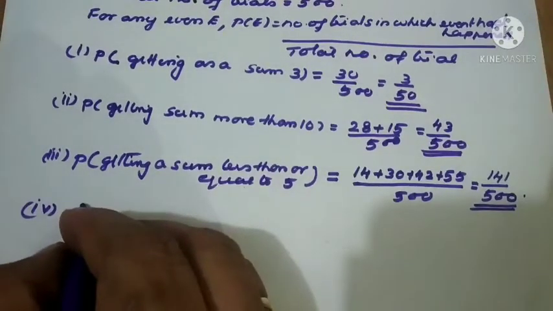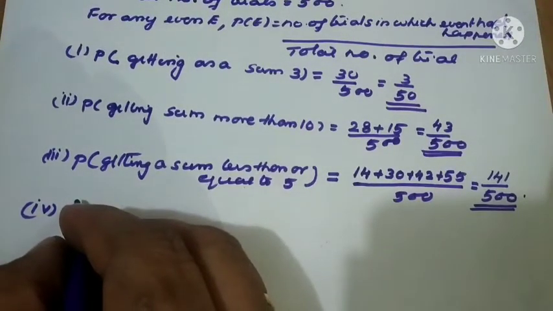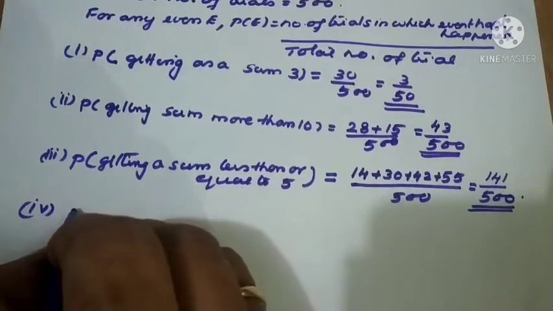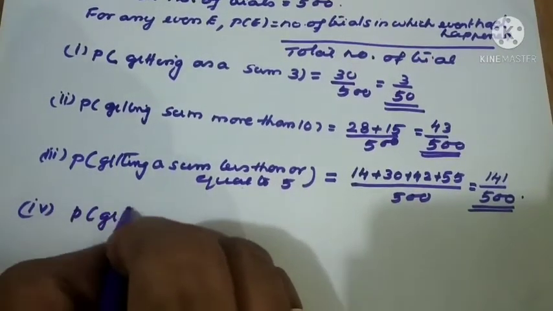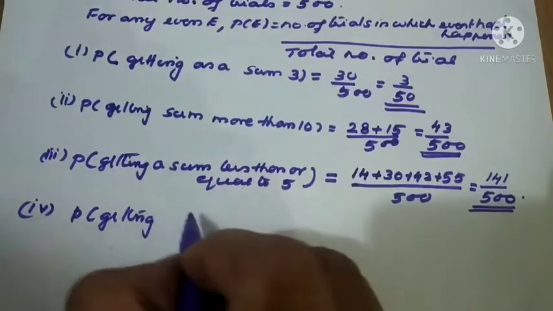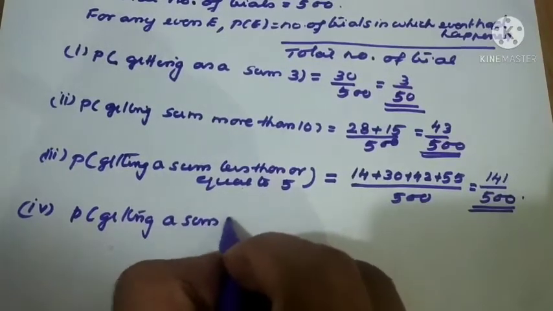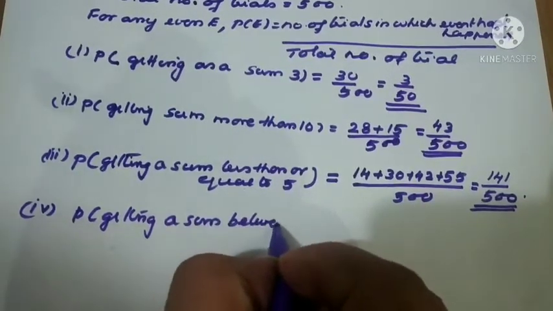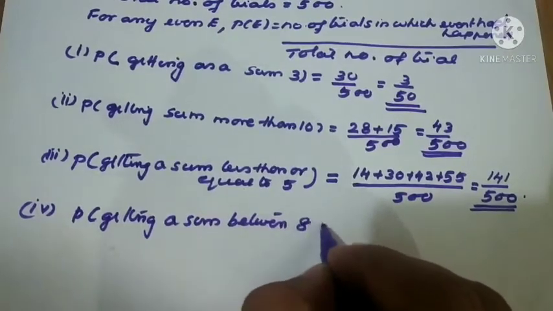What is the probability of getting a sum between 8 and 12?